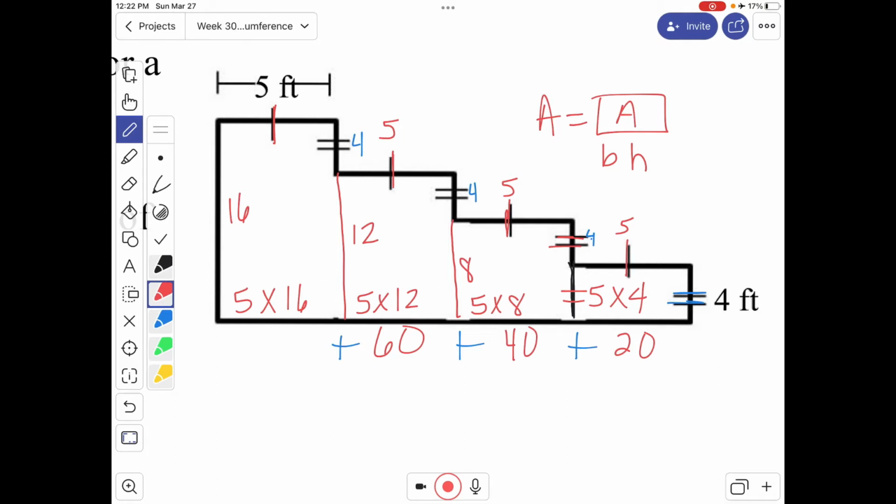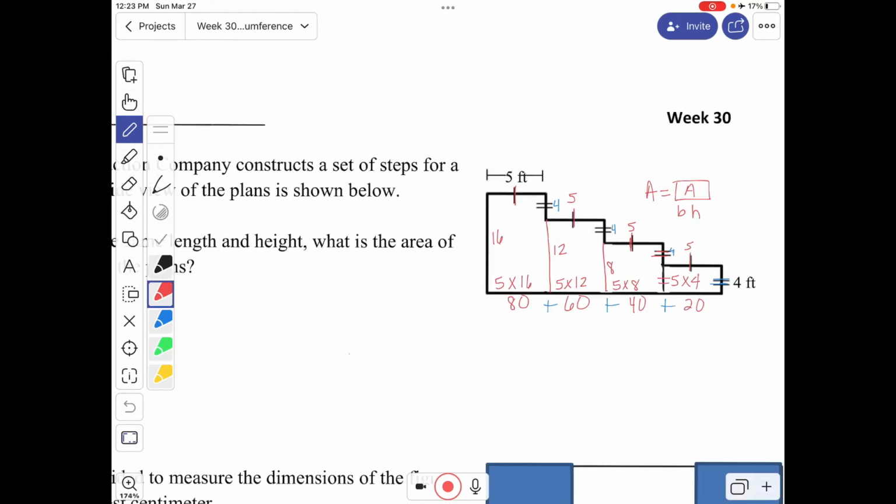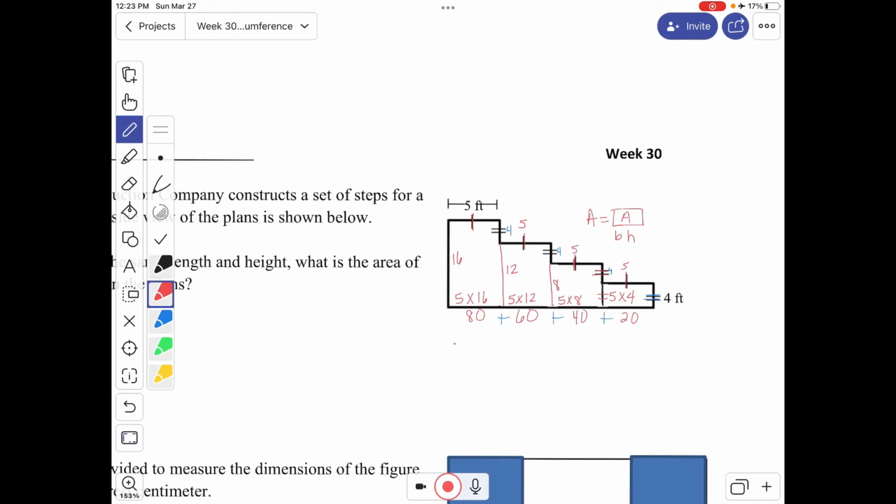And then you may not know what 5 times 16 is, but I kind of see a pattern. Every time we added 20 more square feet. So this one is 80. And if we add all of those together, 200 square feet.